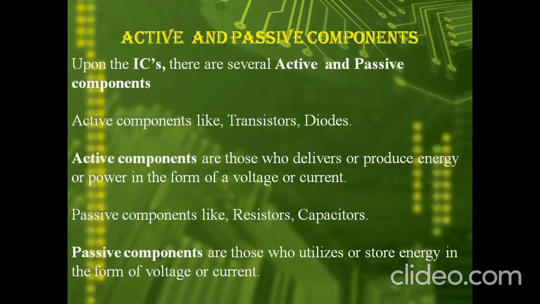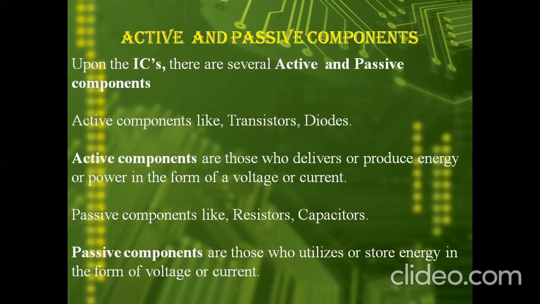Active and passive components. ICs we can categorize into active and passive components. Active components are like transistors and diodes. Now we will see what is meant by active components.